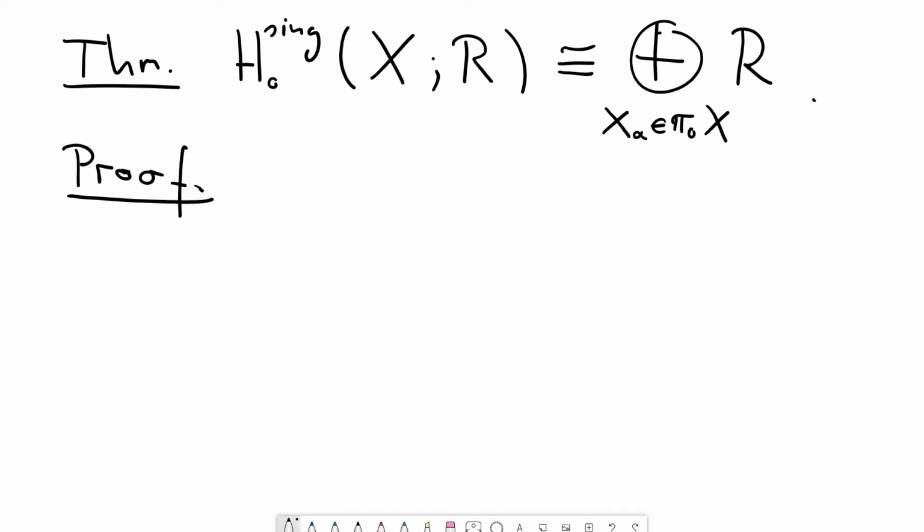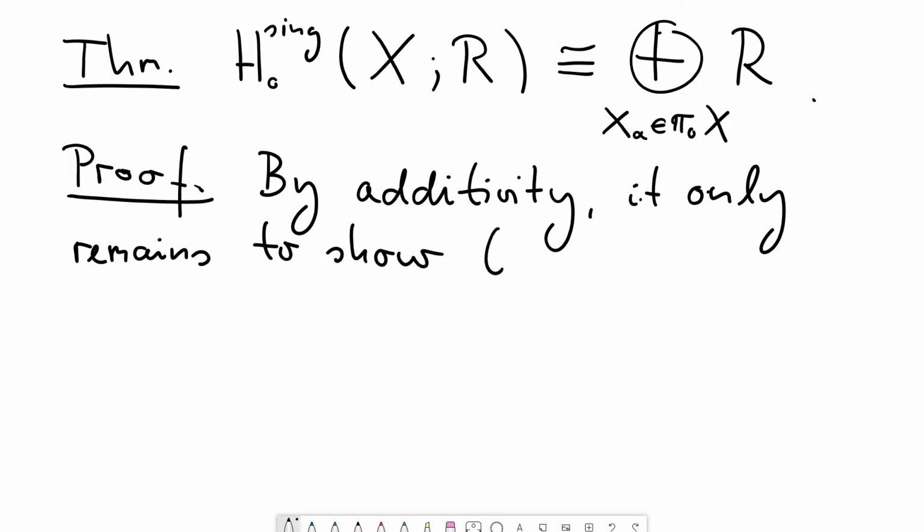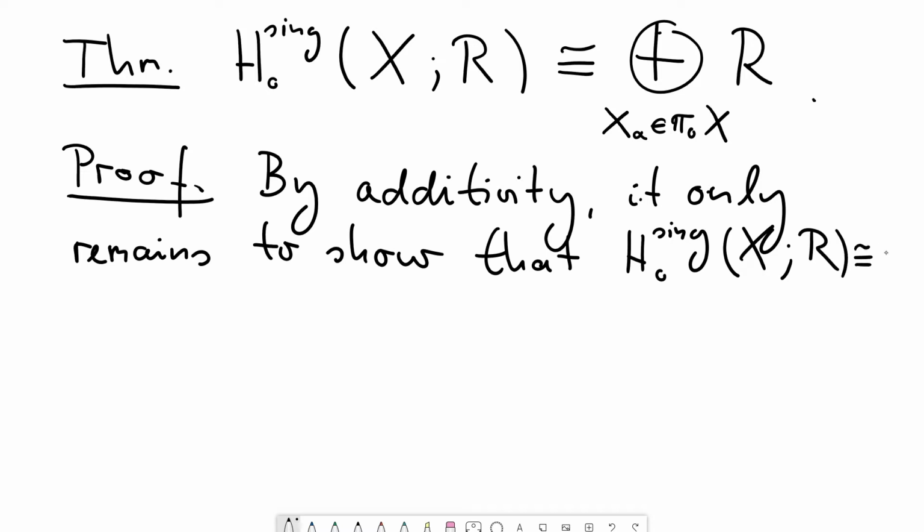So by additivity, meaning by the additivity axiom, it only remains to show that the zeroth singular homology of X with coefficients in R is isomorphic to R in case X is path connected.